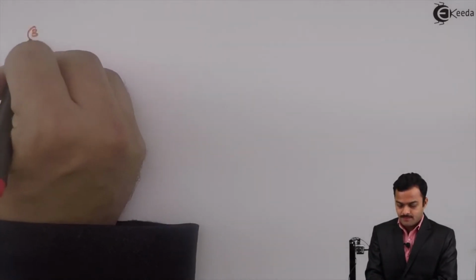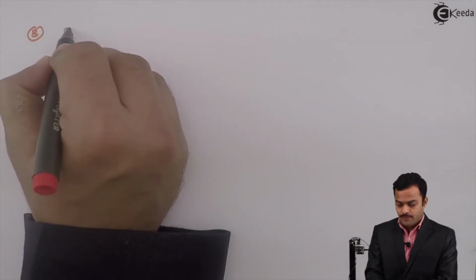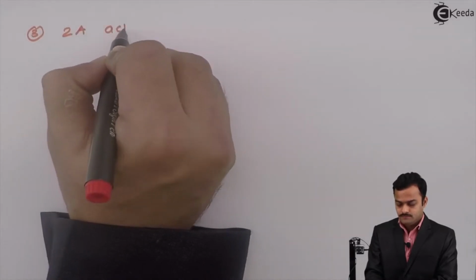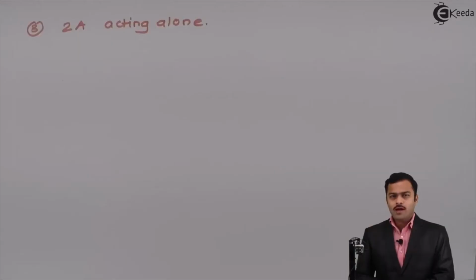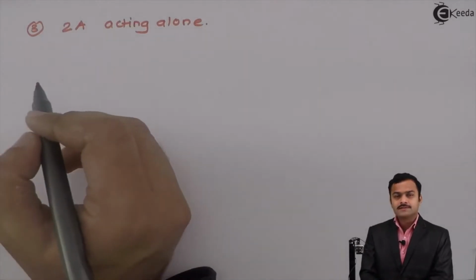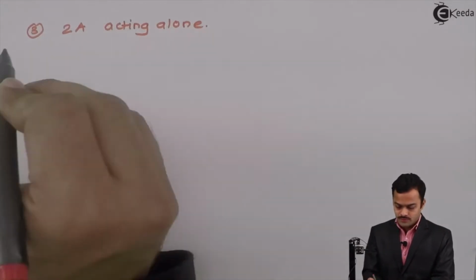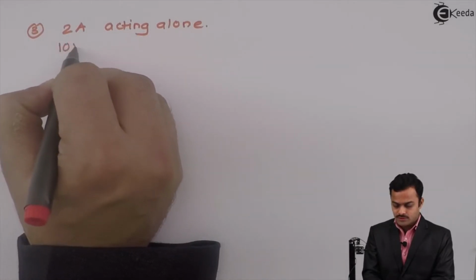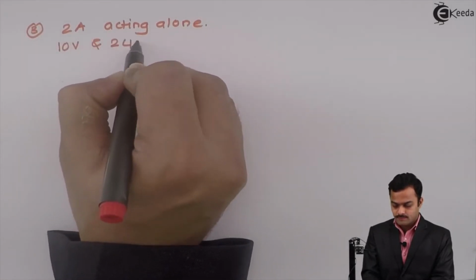So in the third step, I will consider 2 ampere acting alone. With 2 ampere acting alone, the remaining two are voltage sources of the value 10 volt and 24 volt. So both the voltage sources are short circuited.